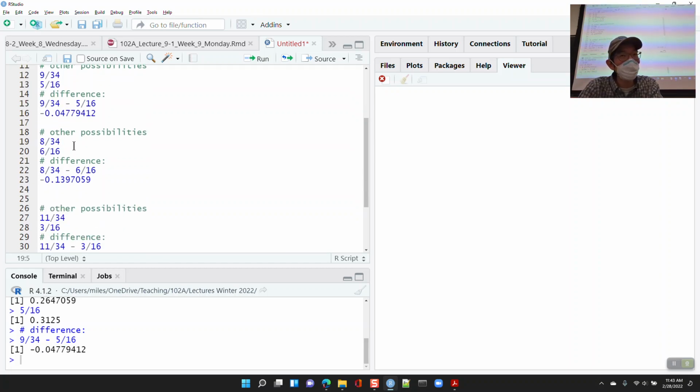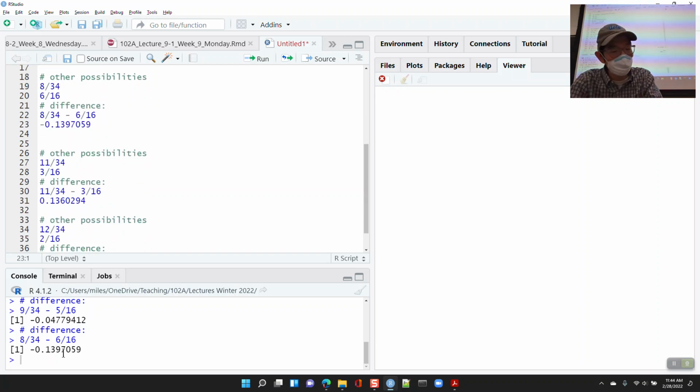What are some other possibilities? I could have gone 8 and 6 for a total of 14. If you calculate the difference between 8 in group A and 6 in group B, you would get a difference of negative 0.1397, which I think is what we got in one of our examples. You could go in the other direction.